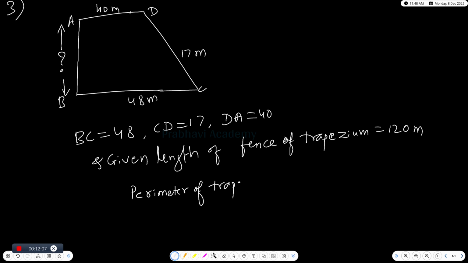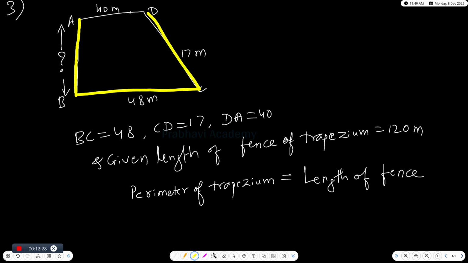Now, perimeter of trapezium is, perimeter means this is the length of fence only, because you are fencing this area AB, BC, CD and AD.